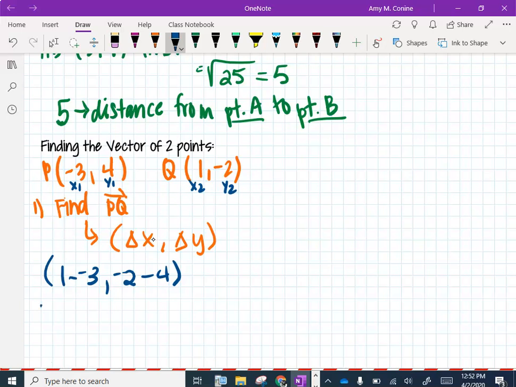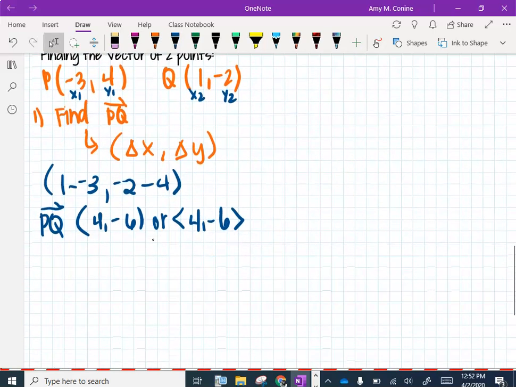So my vector PQ should be 4, -6. And you could also see that written with your little Pac-Man, alligator, less than, greater than symbols here. Okay, you can have either or, but that would be the vector for PQ.